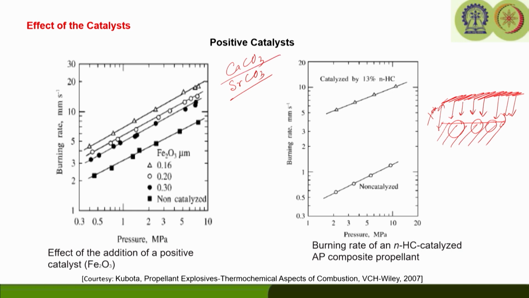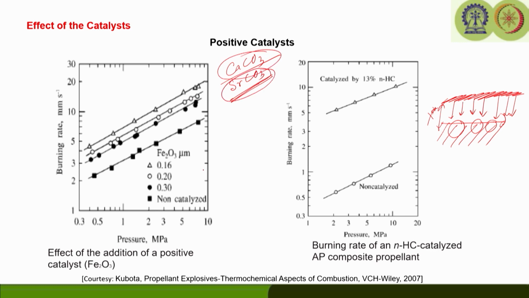They can also act as burn rate modifiers or burn rate enhancers. They are also going to act as positive catalysts. Strontium carbonate is available in mineral form as strontianite. So, this can also influence the burning rate of the propellant.